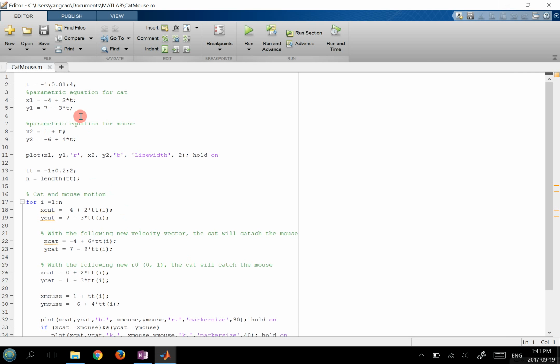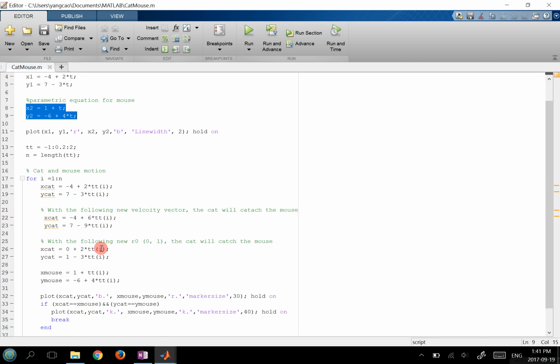As you can see here, this is the initial cat trajectory, and this is the initial mouse trajectory, right?